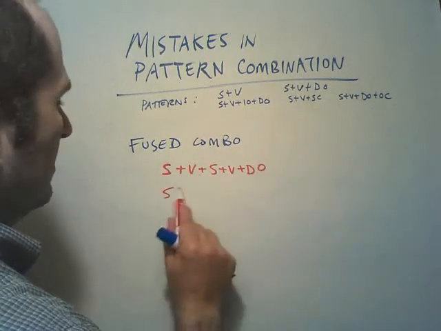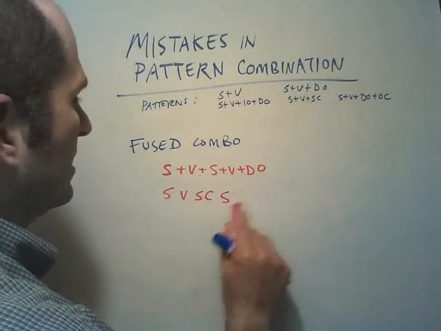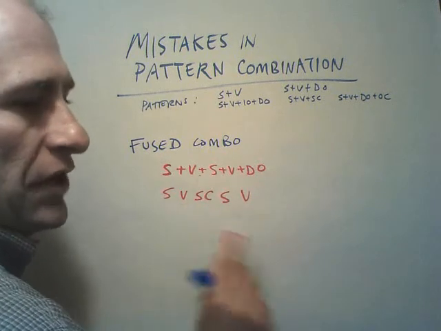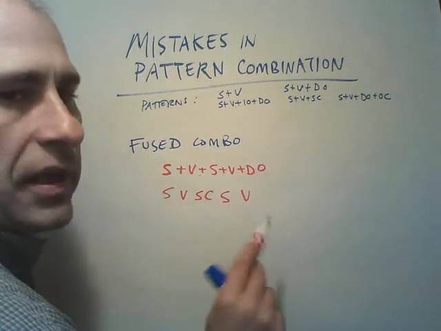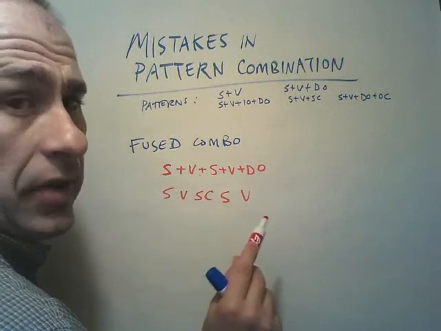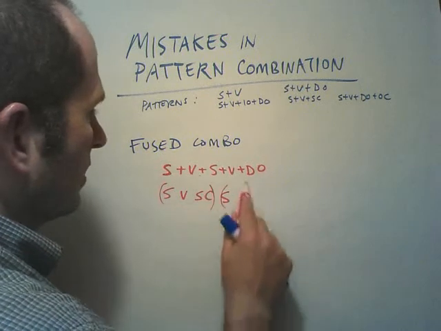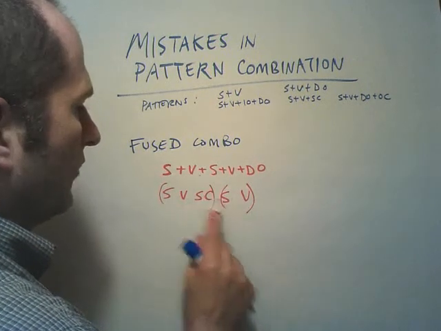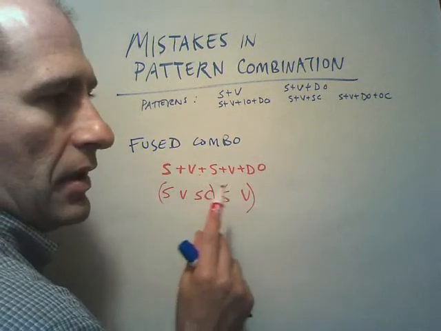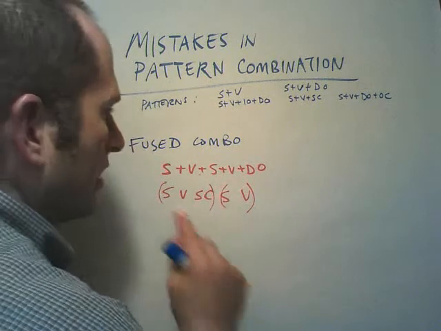It might be S, V, S, C, and then just jammed right there, S, V. That's a fused combo, and it's going to be incorrect. All right, I can't think of really any instance when it's correct. You've got to be able to recognize patterns here and see, now wait a minute, if they're both independent patterns, I can't just jam them together. So that's your fused combo.